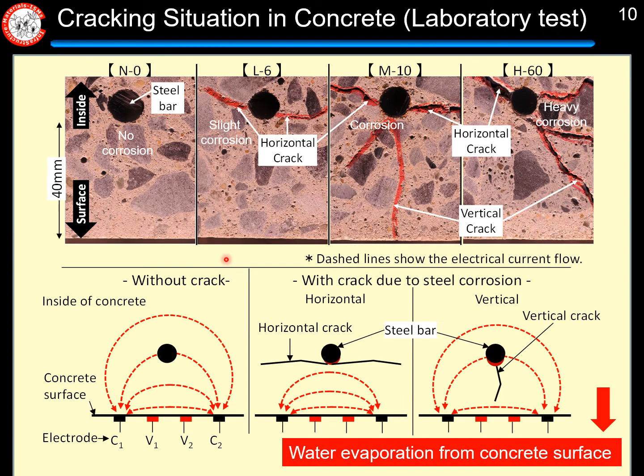After the laboratory test, we cut the specimen and checked the cracking situation. This is the no crack, no corrosion situation, and we cannot find any crack inside of the concrete. On the other hand, in the case of slight corrosion, we found a horizontal crack, and in the corroded and heavy corroded situations, we found horizontal and vertical cracking.